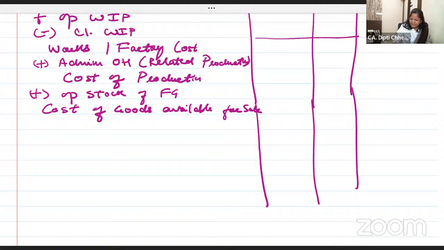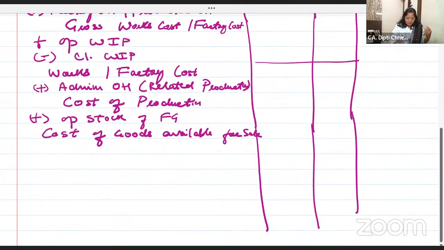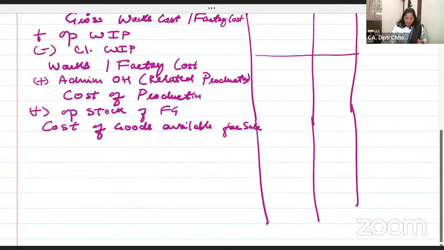Sometimes you need to write this, sometimes you can skip. Where opening and closing are written, you can write directly. Already I have produced 1,000 tons. I had 100 tons. So I have 1,100 tons of goods which are available for sale.